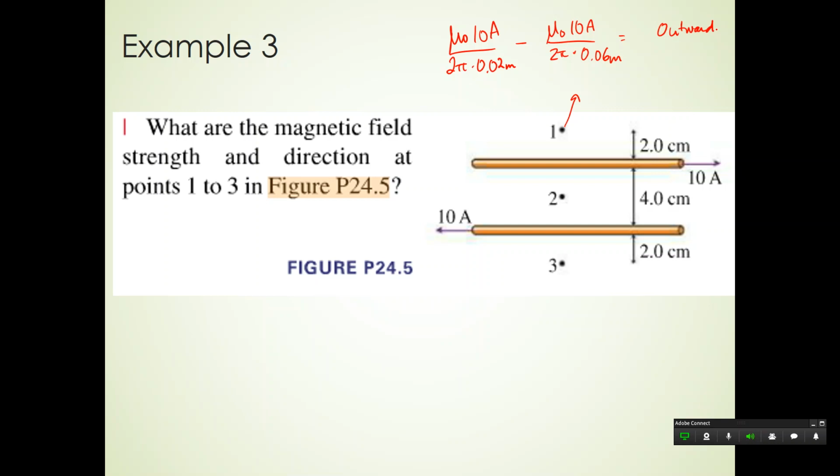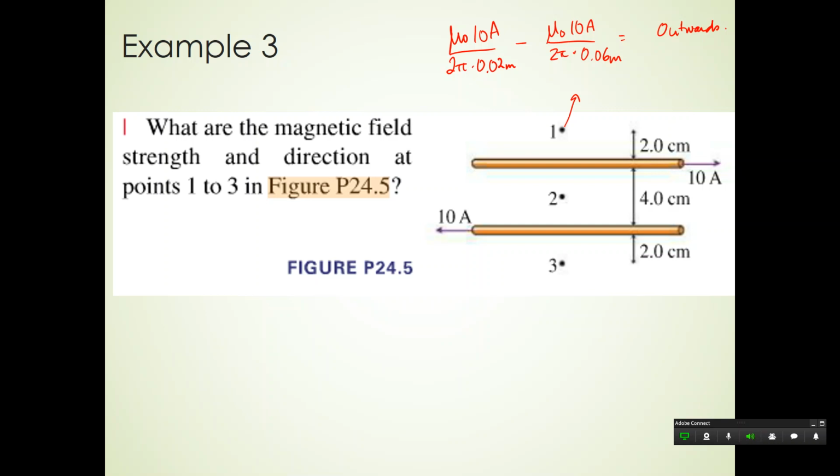What about at point 2? Nothing happens? You sure? Chances are. I'll give you a hint. I haven't found the right answer yet. Yeah, what do you think? They add up, right?